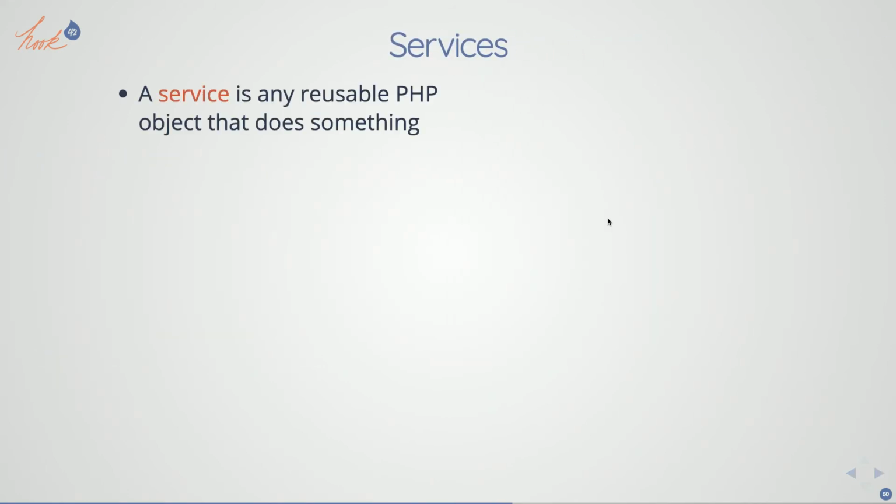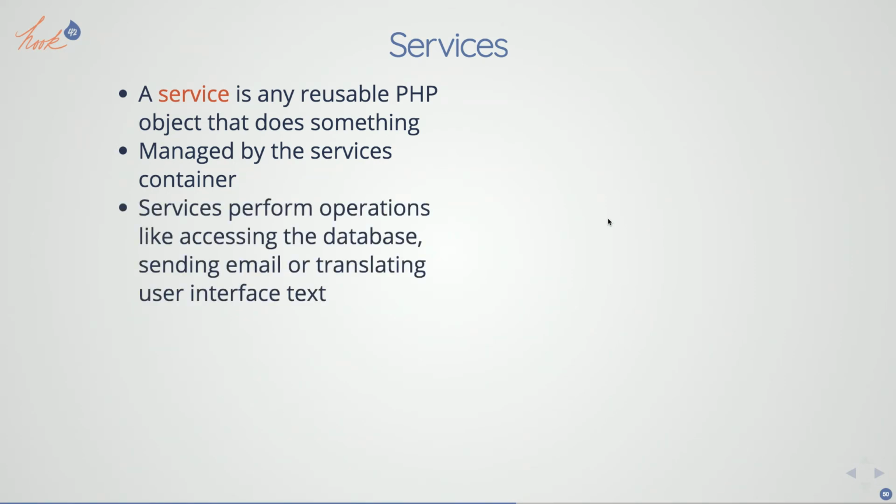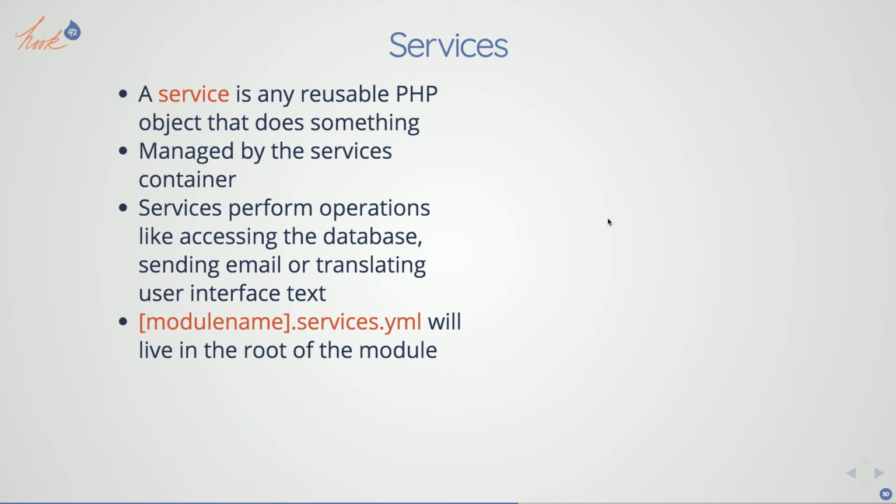Services. A service is just a really good way to organize some code. It's going to seem more complicated, but if you have a very ginormous code base, this is a good way to split things up and clean up your code. A service is just any reusable PHP object that does something. It's managed by the services container, and it performs operations like accessing the database, sending email, or translating UI text.